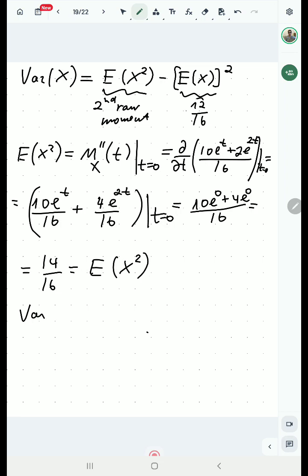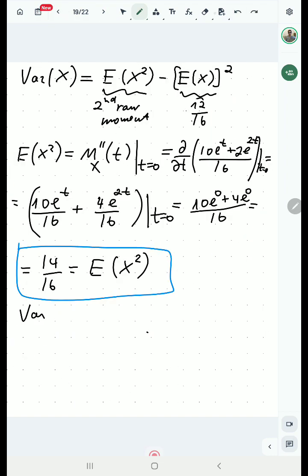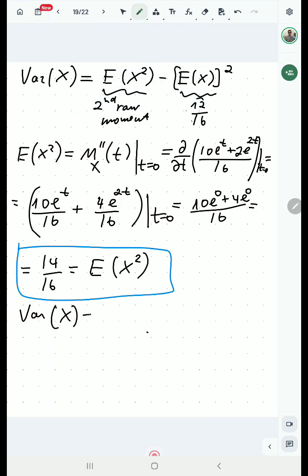Now this means that this is nothing but the expectation of x squared. Let's put it within the box. So it means the variance of x is going to be equal to the expectation of x squared, which is 14 over 16, minus the expectation of x, 12 over 16, squared.